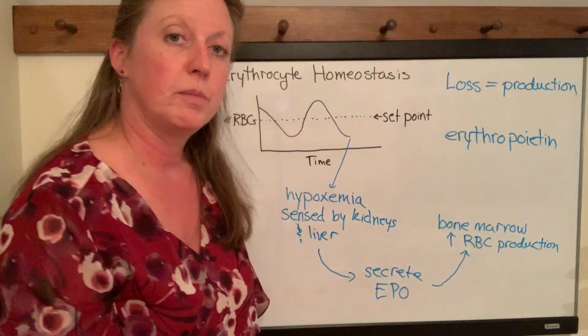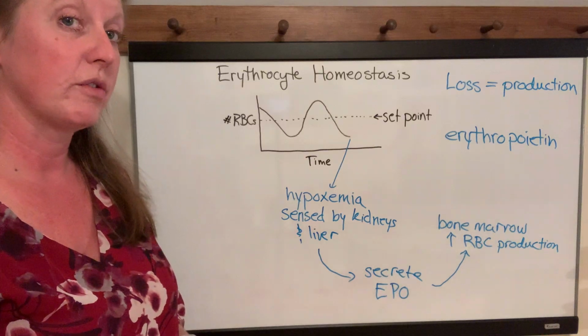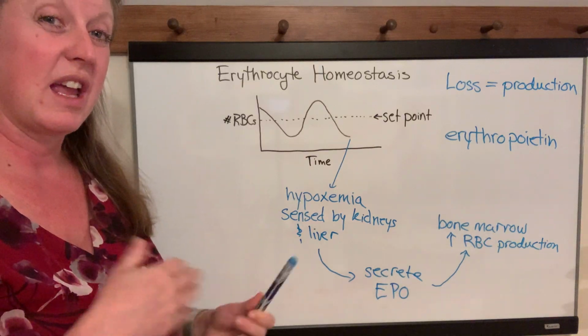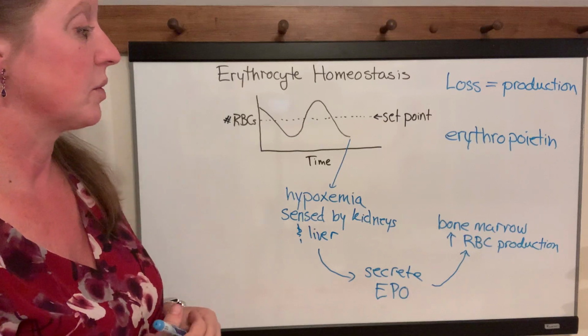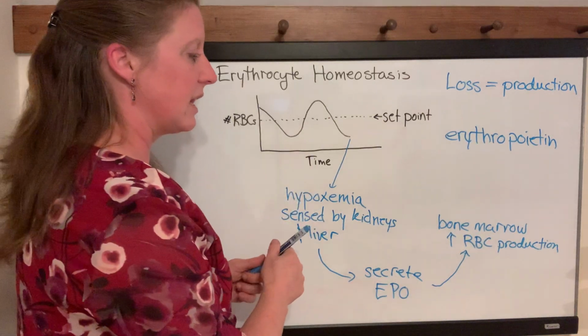Now, this takes a little bit of time, and first the blood cells that come into circulation are the reticulocytes, which can't actually do gas exchange the way that mature erythrocytes can. So there's a little bit of a delay.